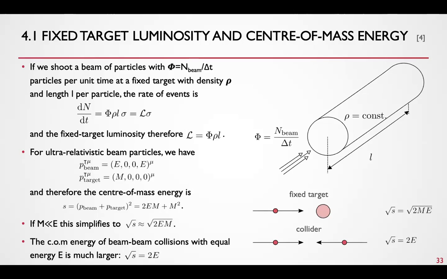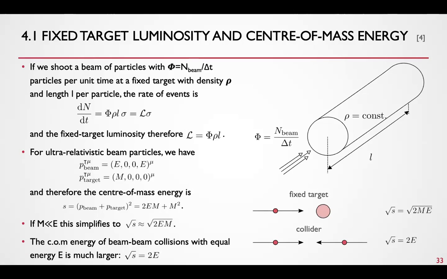Let's use it. We have the four-momentum of the beam particle. It's ultra-relativistic, so we can forget about the mass. So here's the energy of the particle. And we have the four-momentum of the target. It's at rest, so here we have just the mass. Let's compute the center of mass energy, because that's the energy that's available to produce new particles, and after all, that's what we want to do.